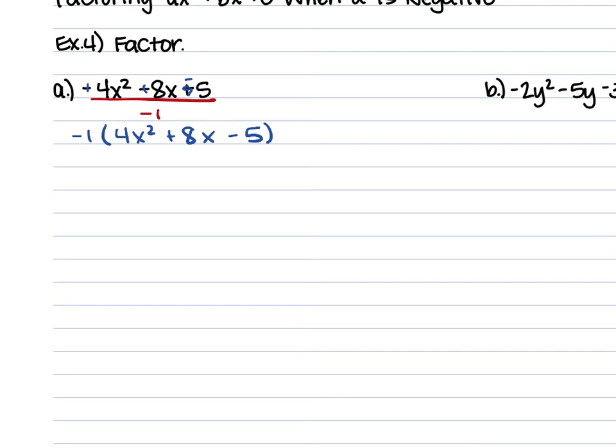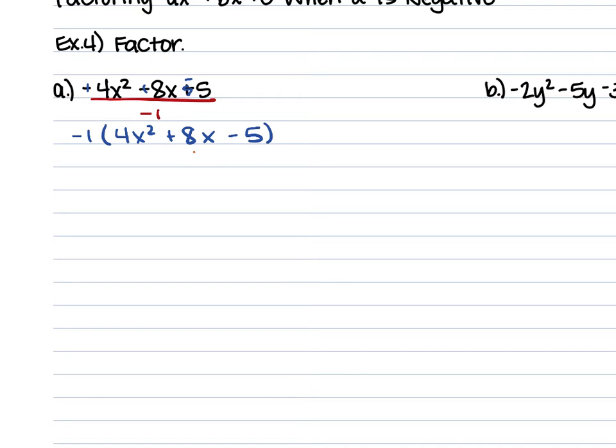In those parentheses, from here, we're going to factor by realizing that our A is something other than 1. So remember what we did prior to this. If our A is not 1, we multiply A and C, find the factors of A times C that add up to be that B term, replace the B term with those two factors along with the variable, and factor by grouping.